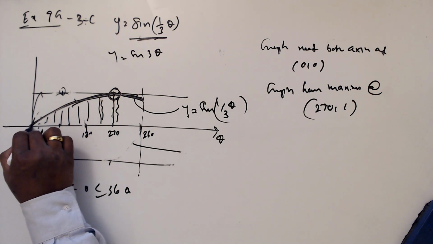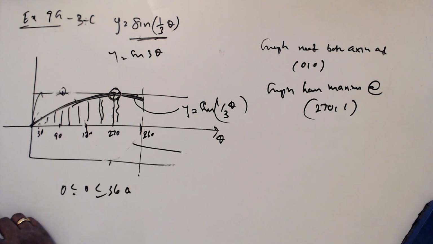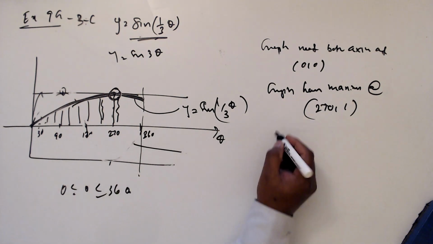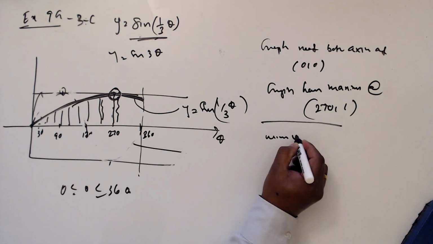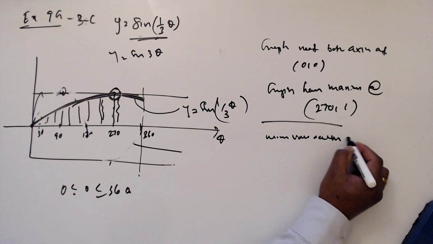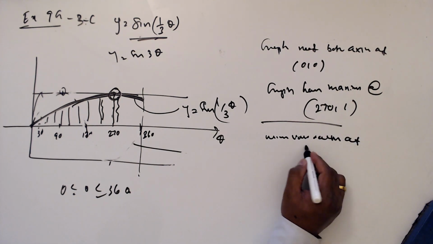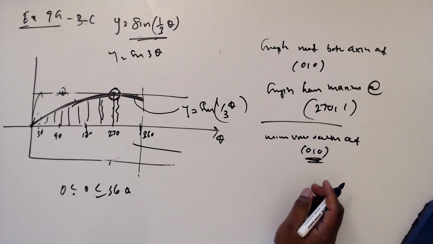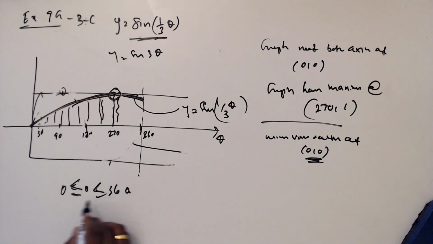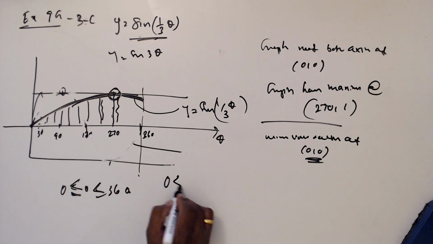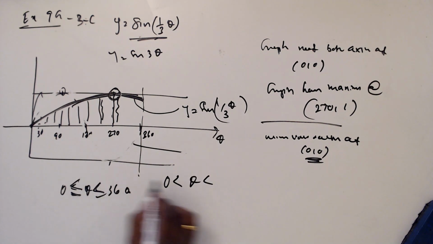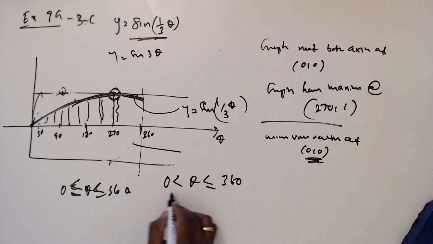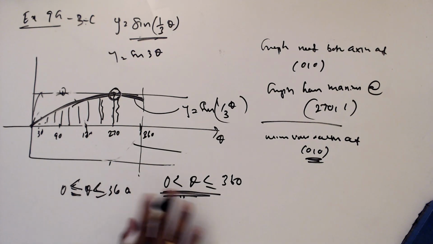And this is the lowest point. The height of the lowest point, the lowered height, is 0. So the minimum value occurs at 0, 0. But if there is no equal sign, 0 less than theta less than or equal to 360, then you can't find a minimum in this graph. So you don't need to know.